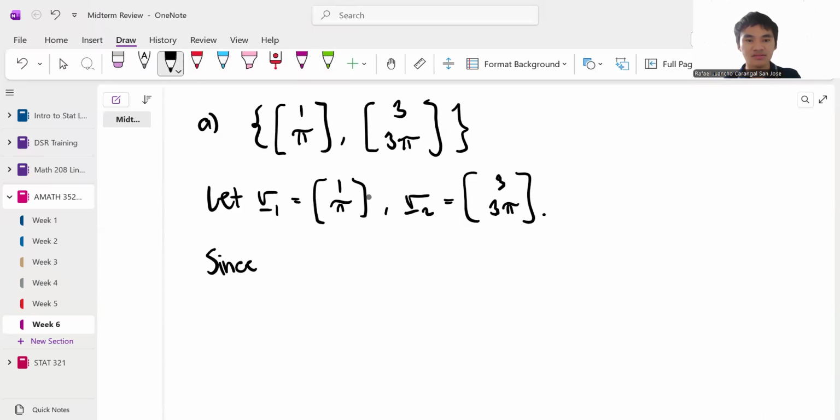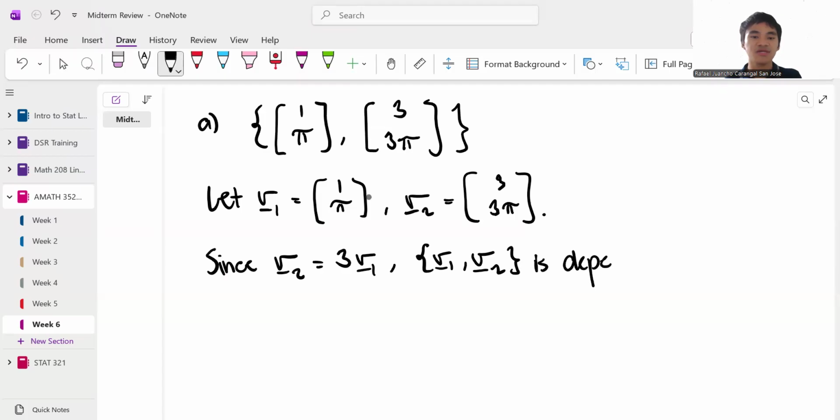Since V2 is actually just 3 times V1, this set of V1 and V2 is dependent, because we can write V2 as a linear combination of V1.